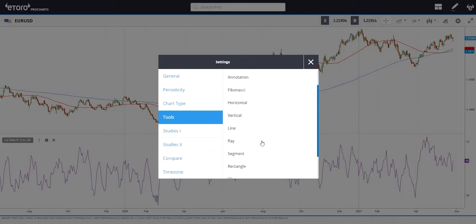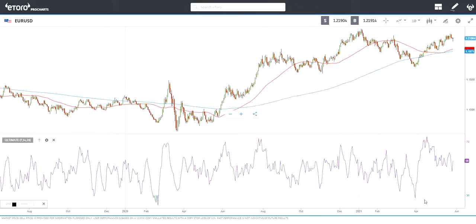Go here. You can see the indicator has gone below the 30, which is oversold. So we know the market is in an oversold situation, but we are still in an uptrend. So this is a very good entry point to go long.